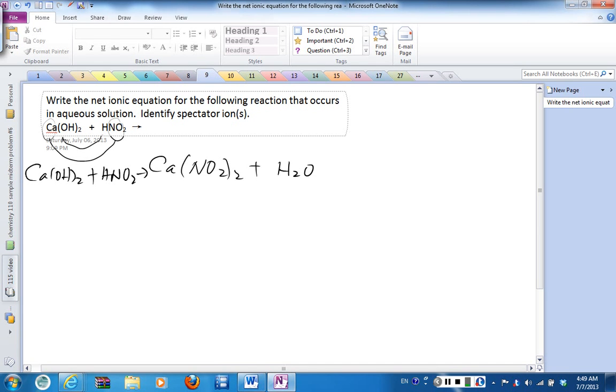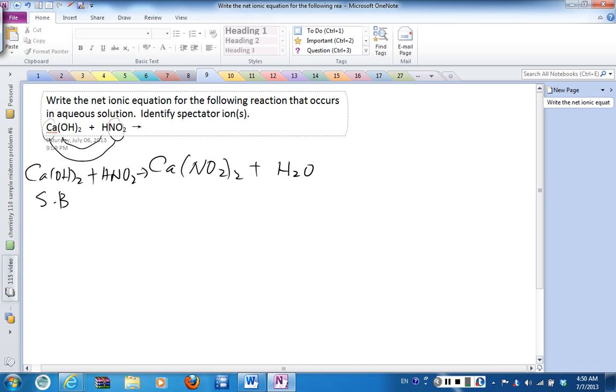Alright, to get net ionic equation, we need to identify all of our reactants and products. Let's label them. Calcium hydroxide is a base, and a strong base at that. Nitrous acid is an acid.